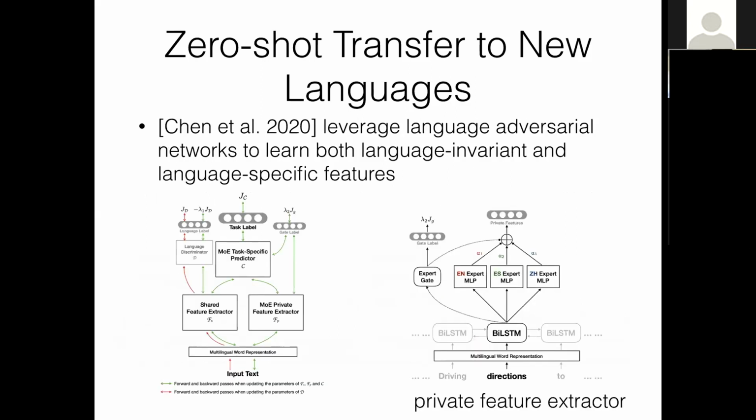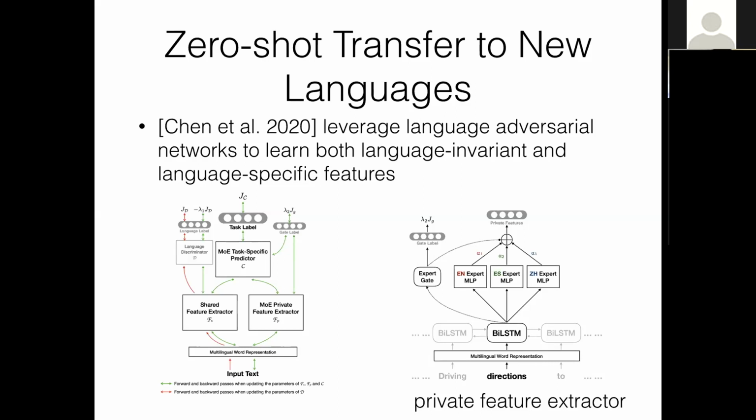Another model, proposed by Chen et al., leverages language adversarial networks to learn both language-invariant and language-specific features. On the left, you have the model architecture, where you have two components. The first is the shared feature extractor F_S.